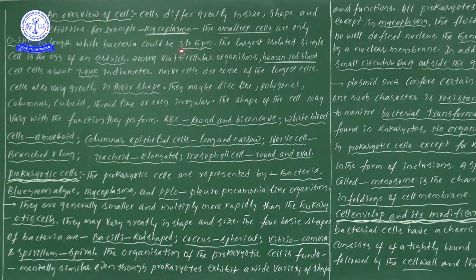Mycoplasma, the smallest cell, is 0.3 micrometer in length, whereas bacterial cells are 3 to 5 micrometer in diameter.